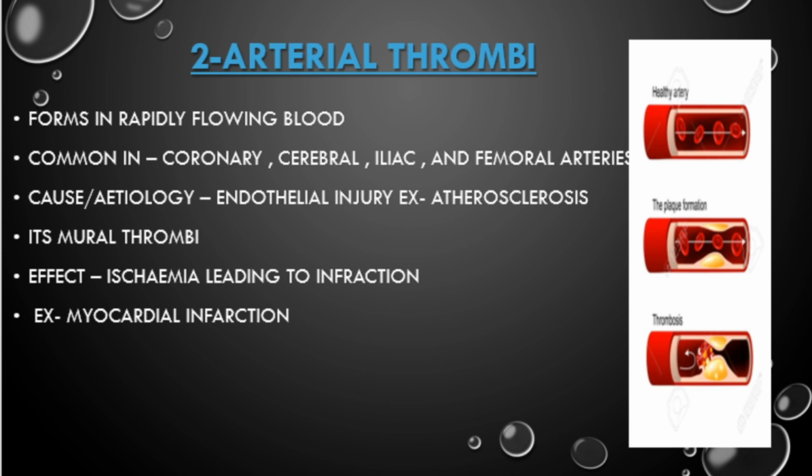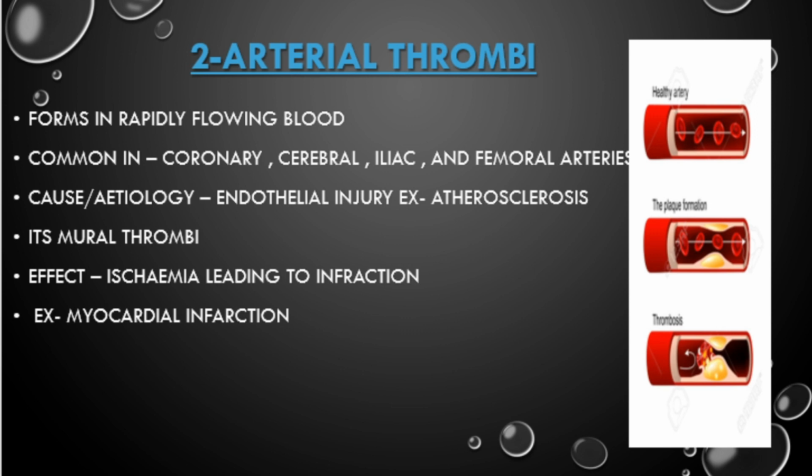The first event of Virchow's triad was endothelial injury, and the cause of endothelial injury was atherosclerosis. Okay, then the arterial thrombi is a mural thrombi, that it does not occlude the lumen completely. Then the effect of arterial thrombi is ischemia, which leads to infarct, for example myocardial infarction.